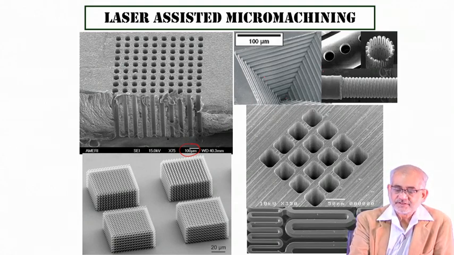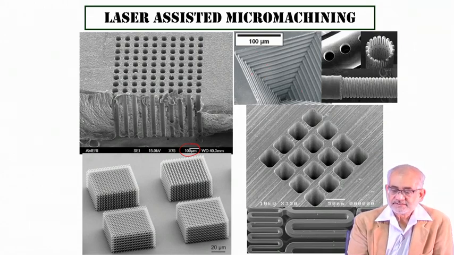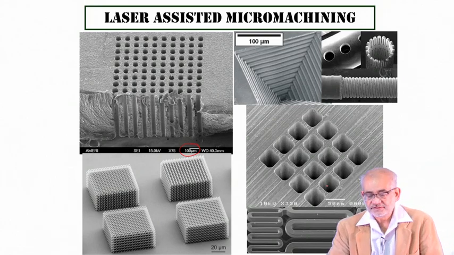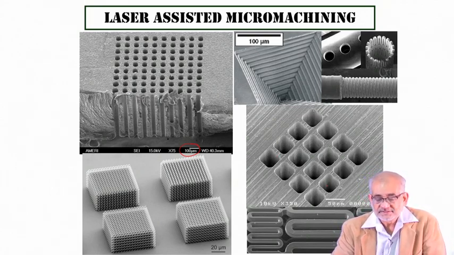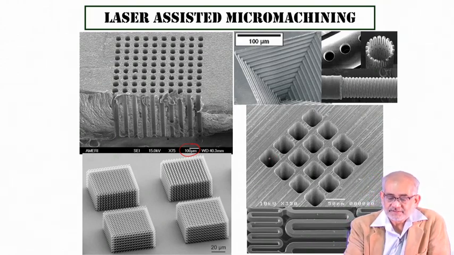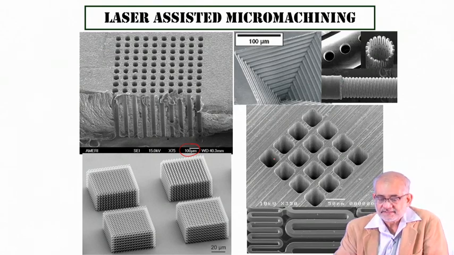Essentially you can create a step-like structure with very precise geometry using laser. Likewise, you can create very specific drilled holes of certain dimensions, and the inner wall need not be vertical, it can be inclined. So you can make certain holes which have inclined surfaces.